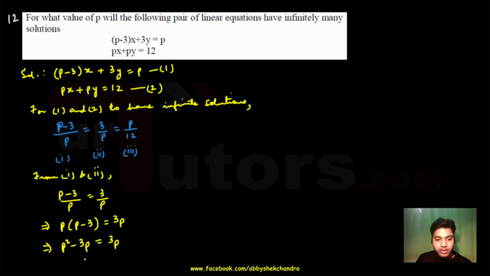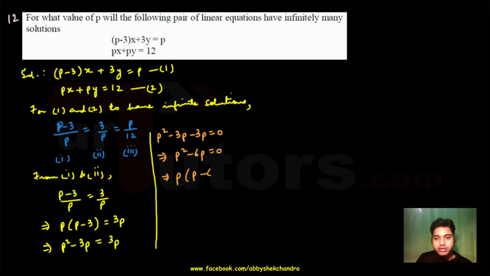Now take all the terms to the left hand side, so we'll get p square minus 3p minus 3p equal to 0, or p square minus 6p equal to 0, or take p common, p(p minus 6) equal to 0, so p equal to 0 or p minus 6 equal to 0, or p equal to 0 or 6. Let's call it 3.